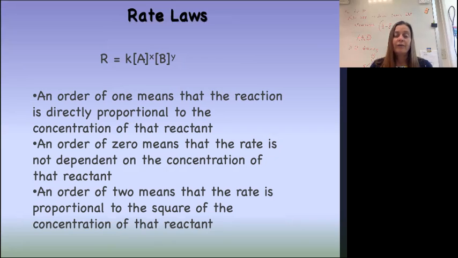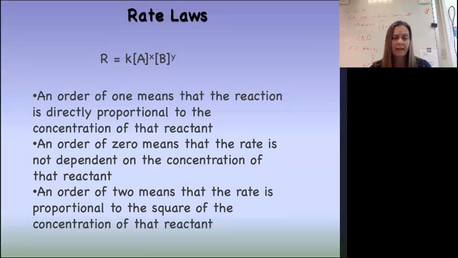And so if the most important collision, the collision that determines how fast the reaction can go, depends on the concentration of one of the reactants, then the rate is going to depend on the concentration of that reactant. If that reactant isn't involved in what we call a rate determining step, so if that reactant maybe comes in later after this slow step happens, then we can increase it all we want, but it's not going to change the rate of reaction.